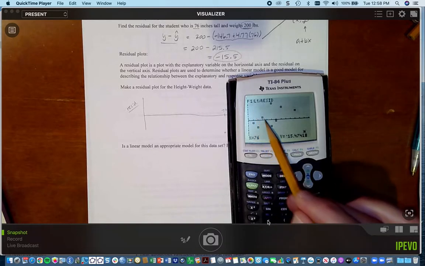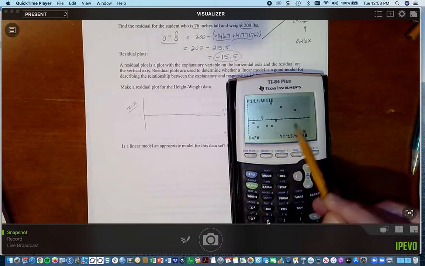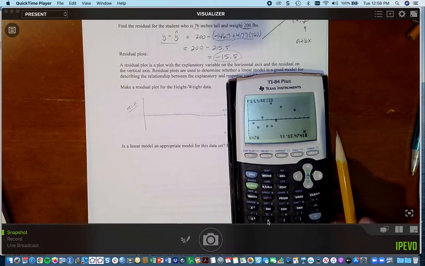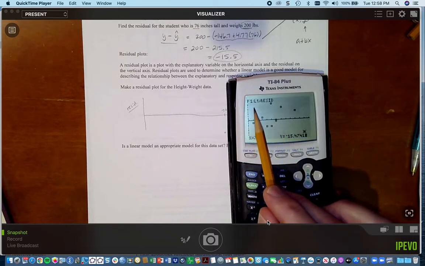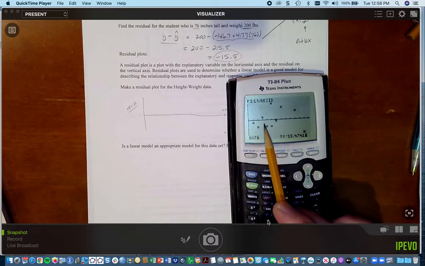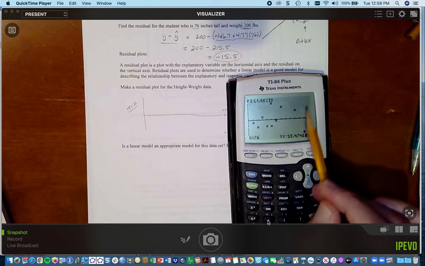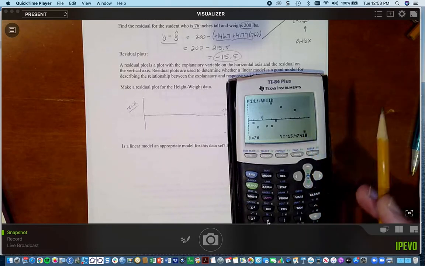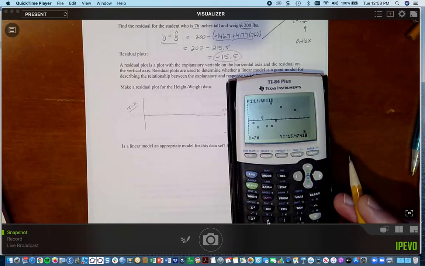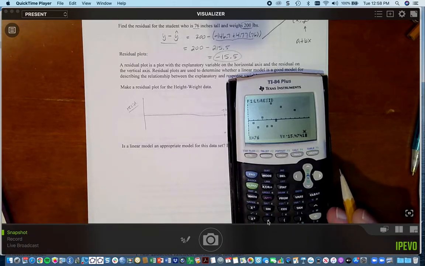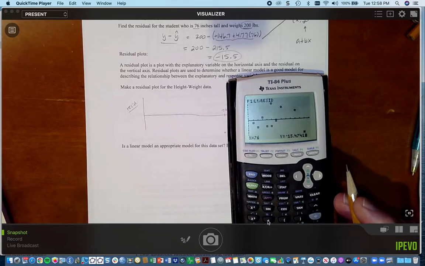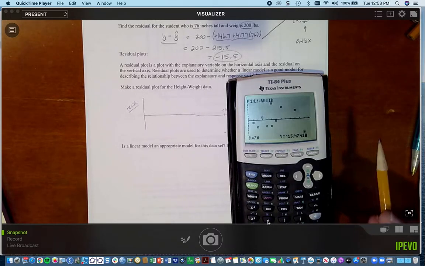If I see these points line up like a parabola like this, that's going to tell me that these points up here have positive residuals, these points in the middle have negative residuals, and then these would have positive residuals. If you think about what that would look like in the original scatter plot, you would see something kind of concave upward, in which case a linear model would probably not be very appropriate.